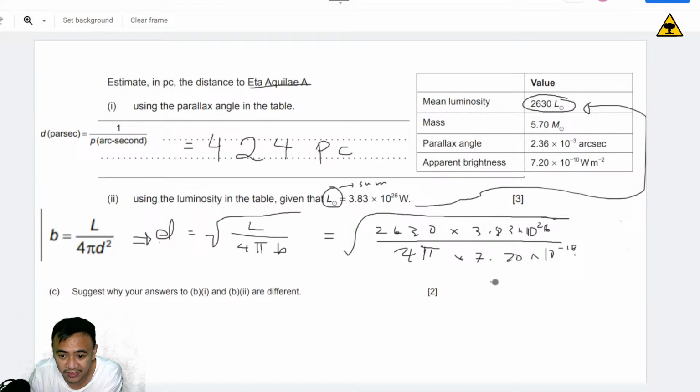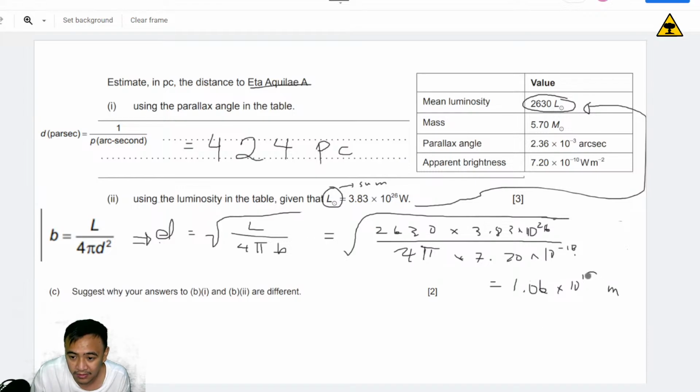This is gonna give us 10.6 times 10, let's see, 3, 6, 9, 12, 15, 18. It's 18 meters. Or properly done, that's going to be 1.06 times 10 to the 19 meters, right?